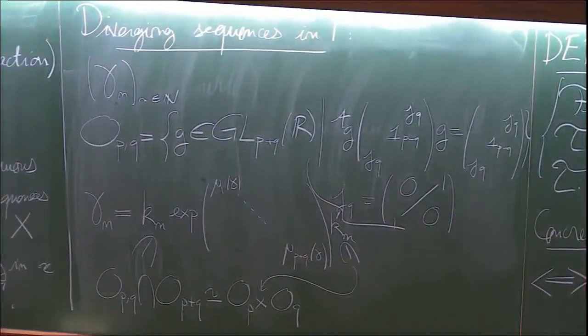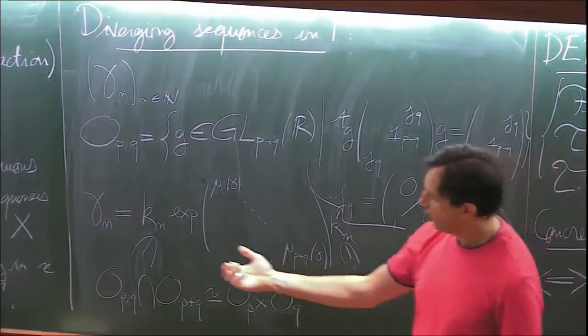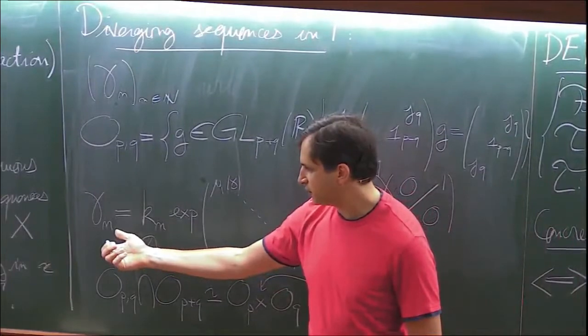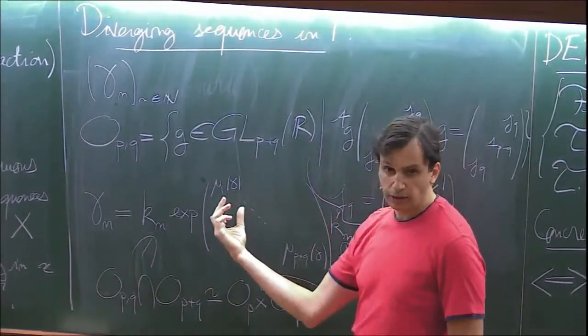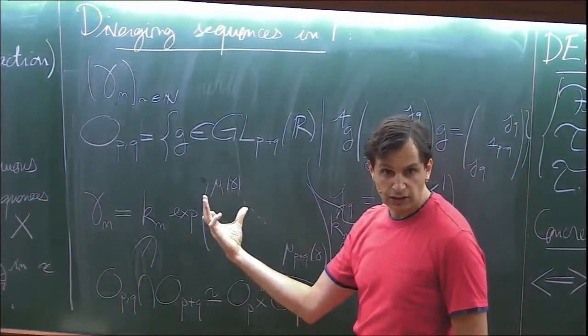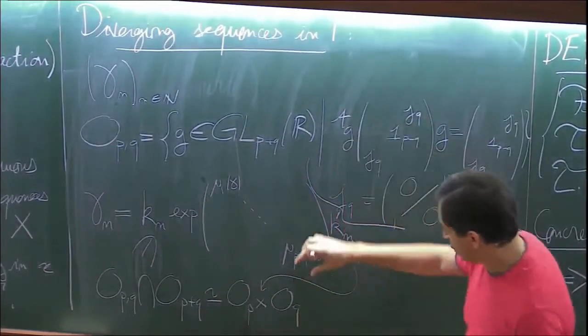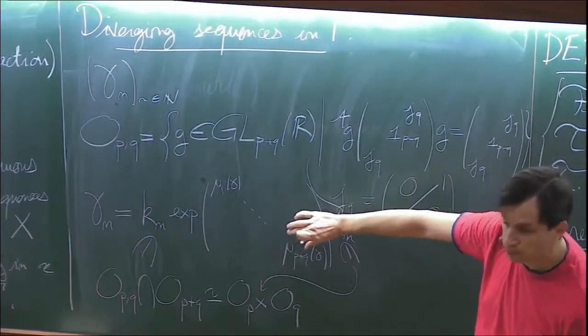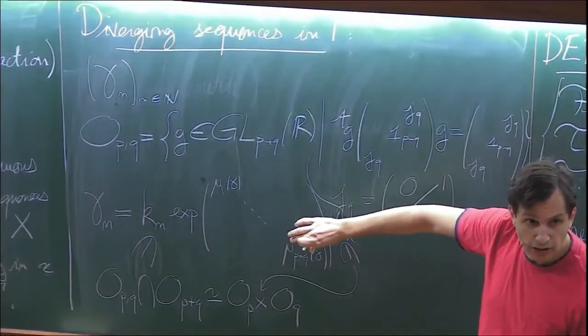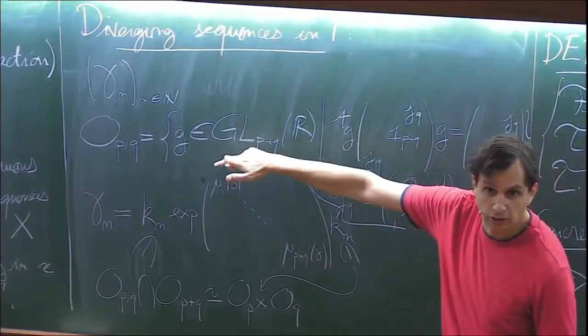So what do we know from the diverging character of this sequence? We know that mu1 minus mu2 goes to infinity. And we know also that mu p plus q minus 1 minus mu p plus q also goes to infinity, because it is equal to mu1 minus mu2.